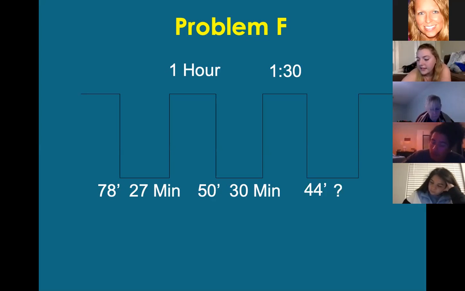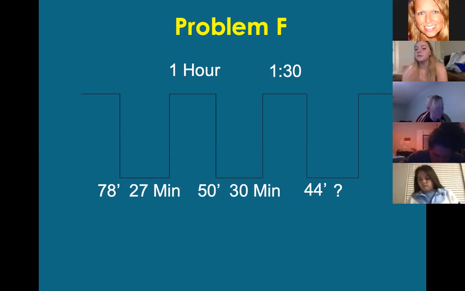Then your second dive is going to be 50 feet for 30 minutes. And then you're going to have an hour and 30 minutes for a surface interval. And then your third dive is going to be to 44 feet, and we want to know how long you can dive at 44 feet.